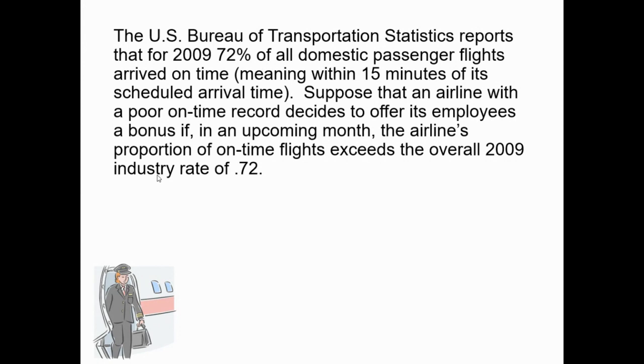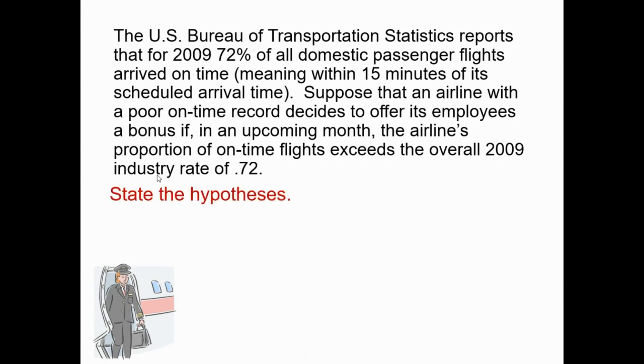Suppose that an airline with a poor on-time record decides to offer its employees a bonus if, in an upcoming month, the airline's proportion of on-time flights exceeds the overall 2009 industry rate of 0.72.